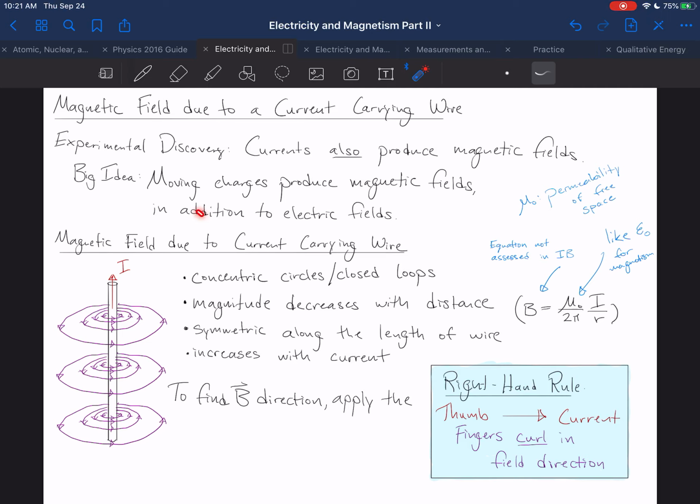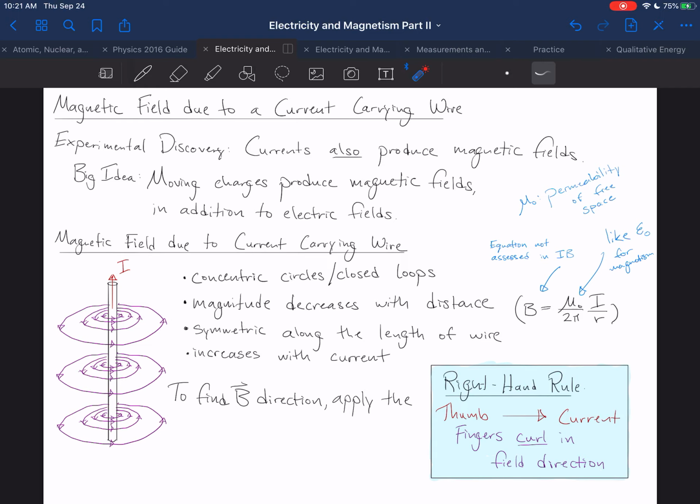And so what does this current actually look like? All right, well, imagine you have a section of straight wire, and the current is going in this direction. So charge is flowing in that direction. The magnetic field looks like shown, and it has a couple of different features to be aware of. The magnetic field is fundamentally in the structure of concentric circles or closed loops.